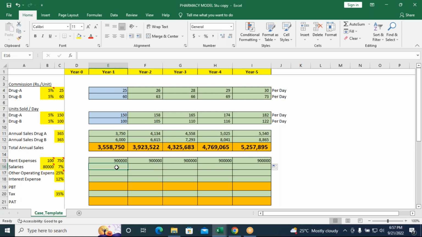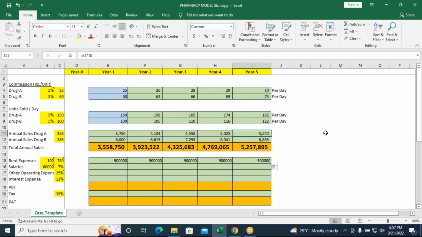Now salaries. Ma'am, in cell I11, when we multiply 30 into 182, we get 5,545, but that's not the same as yours.